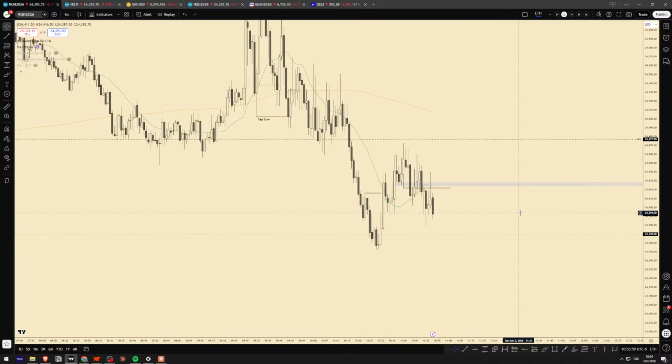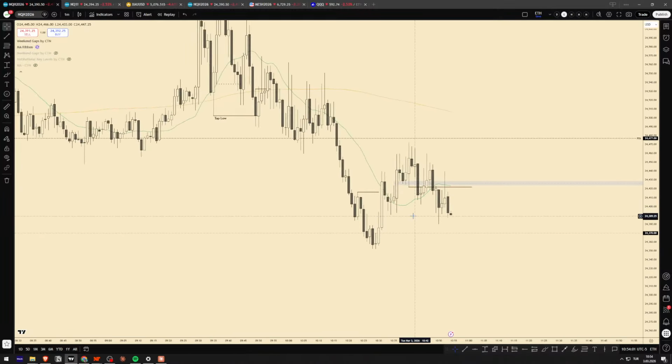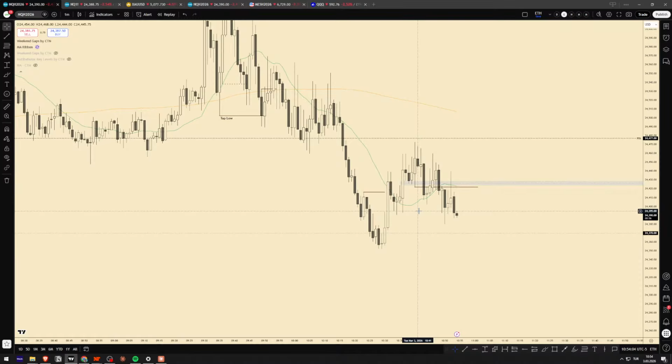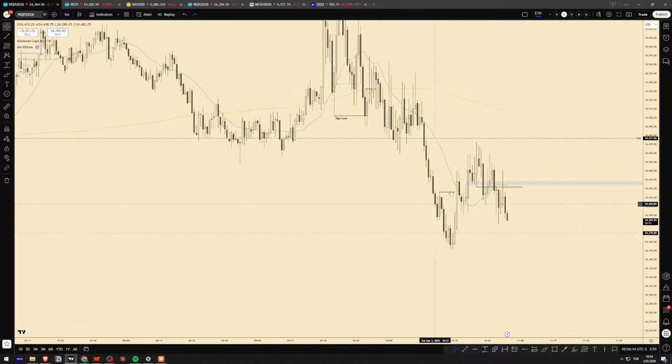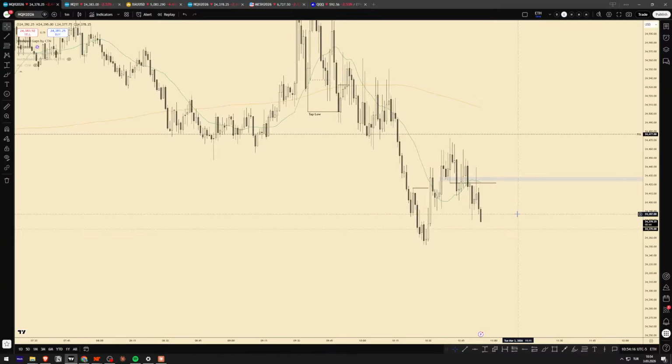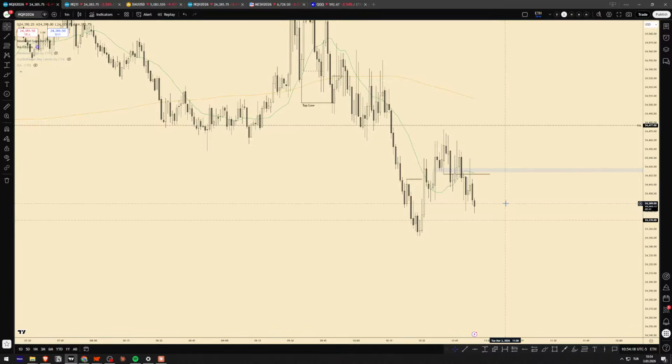I don't really know, but currently I don't like the way it looks. And I don't like it on both sides. If it keeps going lower and takes out my stop loss, I would still think that the price action was not the way I got used to, was not in my favor, and I wouldn't like this price action if it takes my stop loss.